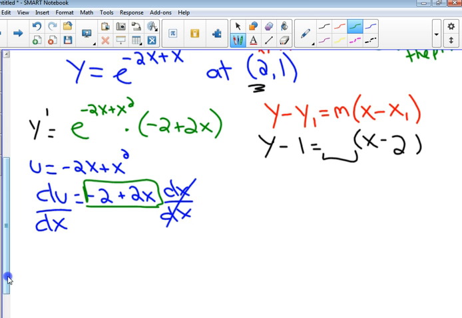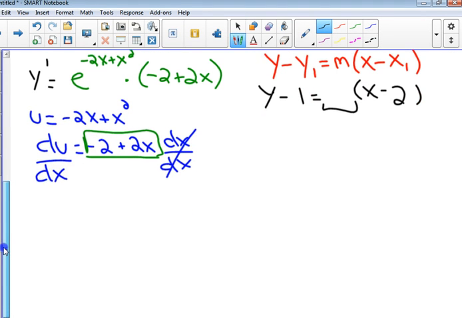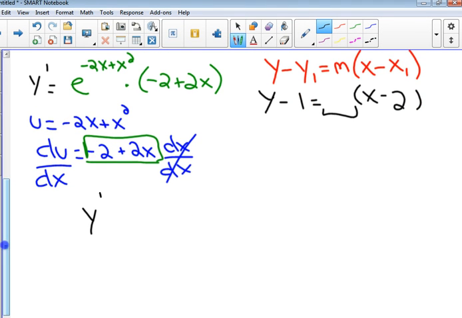Let me know if I lost anybody on that part. If you want to make this look nicer for yourself, by all means you can. You could do y prime equals, bring this to the front, negative 2 plus 2x, and then e to the negative 2x plus x squared. Not really a big deal.